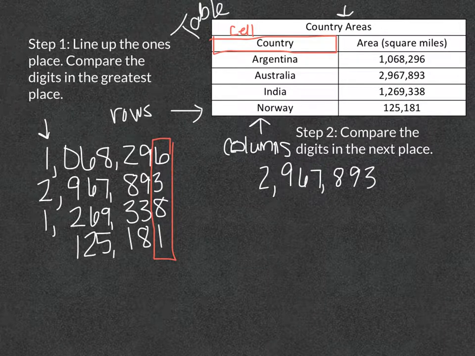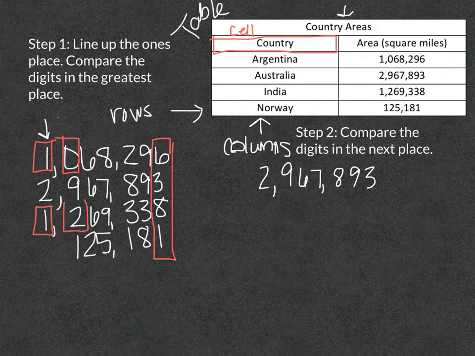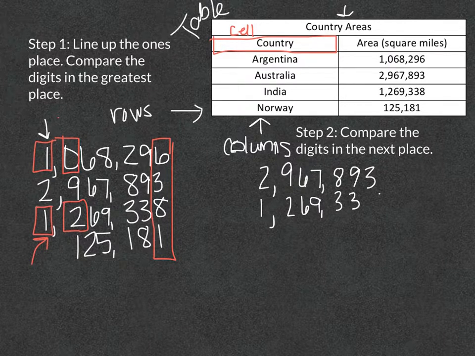Okay, so when I'm looking here, though, I have a little bit of a problem because my next two are a 1 and a 1. Okay, so then I'm going to go to my 100,000ths place. I have a 0 and I have a 2. Okay, so now I know that this number is bigger. 1,269,338.